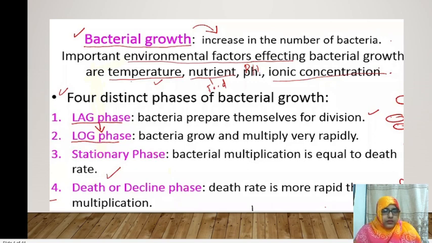Then the third one is the stationary phase, means static phase. The number of bacteria growing is equal to the number of bacteria dying, means the growth rate equals the death rate. Then there is the decline phase. The death rate is more than the multiplication or growth rate. More bacteria die as compared to the bacteria that grow.